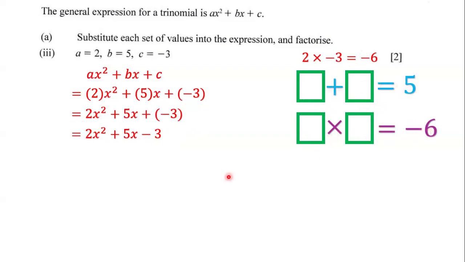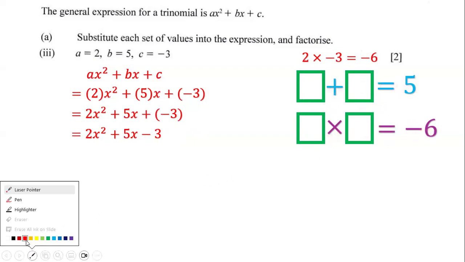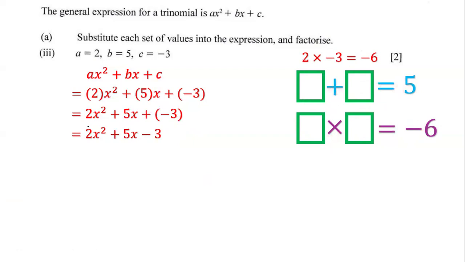And the reason why we use -6 is because we said, okay, 2 multiplied by -3. We take this 2, multiply it by -3, and we get -6.